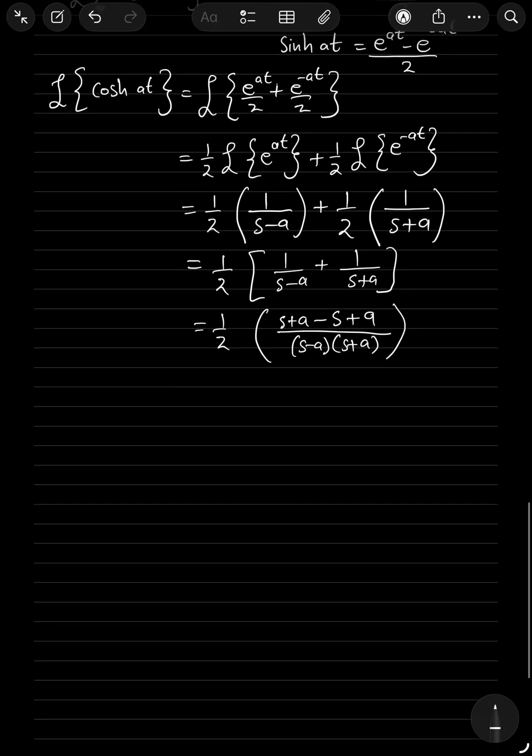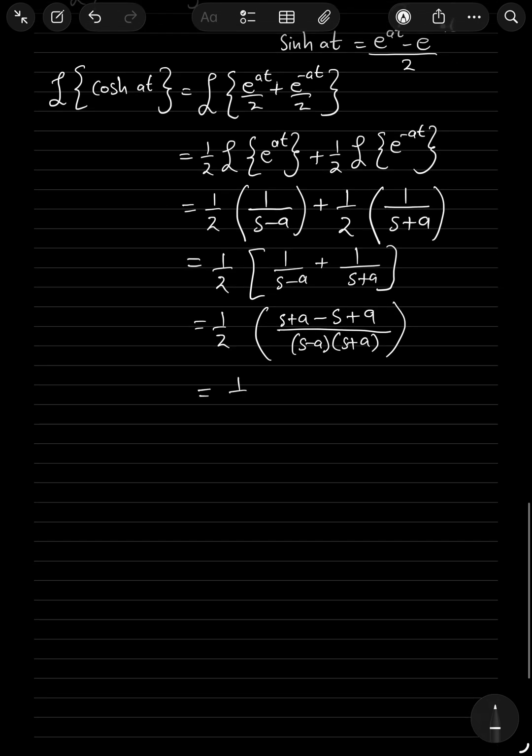So by intuition, you can see that this is a difference of 2 squares in the denominator. So this is s minus a, so this is 2a over the difference of 2 squares, s squared minus a squared. Then 2 will divide.